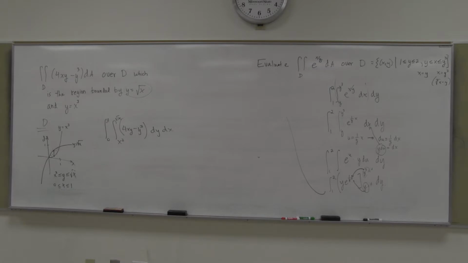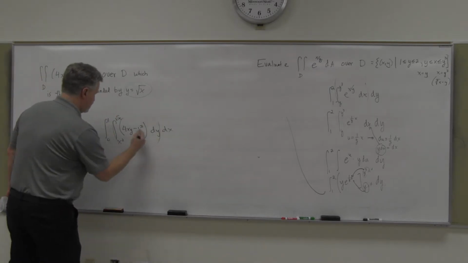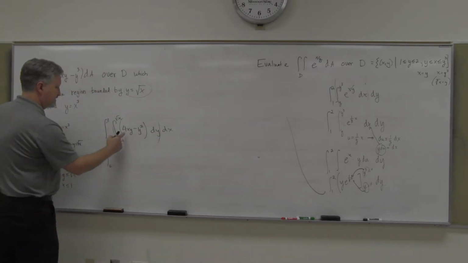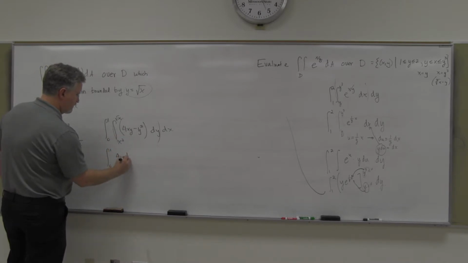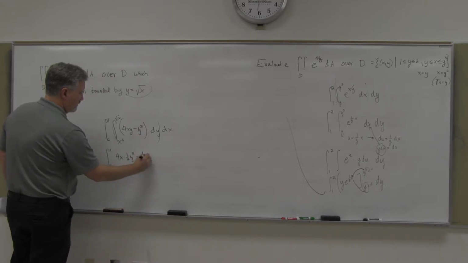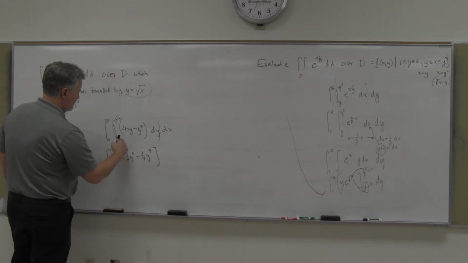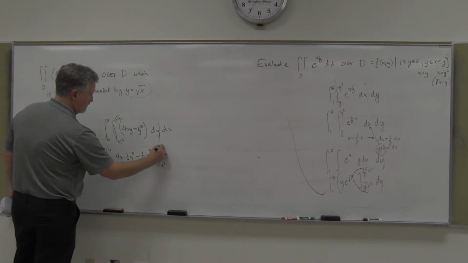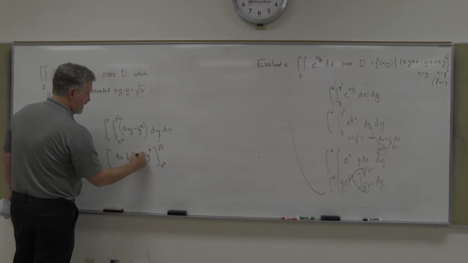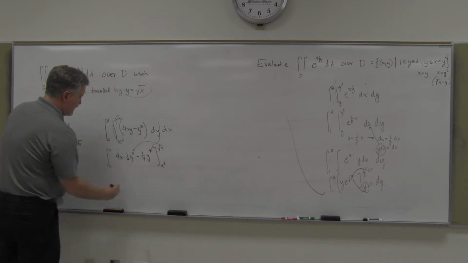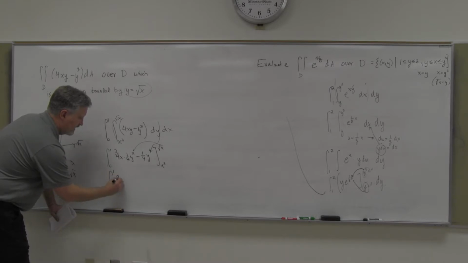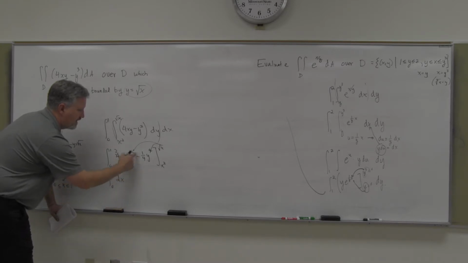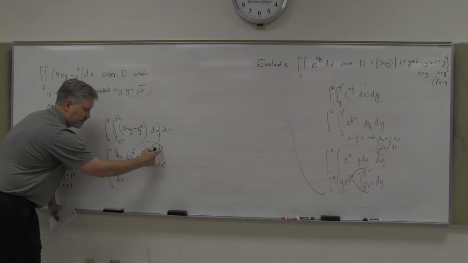Let's see, what do we run into here? We're doing the y's first, so the x's are treated as constants. So that'd just be 4x times 1/2 y squared, and that would be 1/4 y to the 4th. And then that runs from x cubed to square root of x. And again, those go in for the y's. So what have I got? 2x times, all right, we've got y squared, square root of x squared.